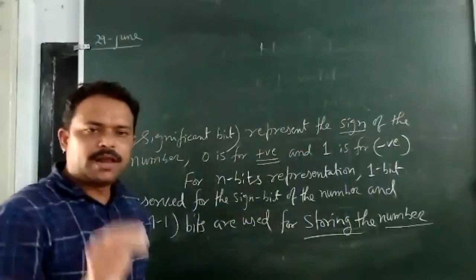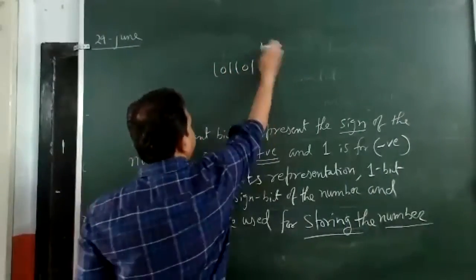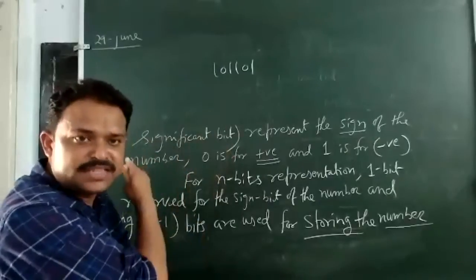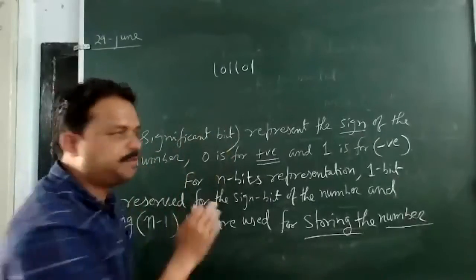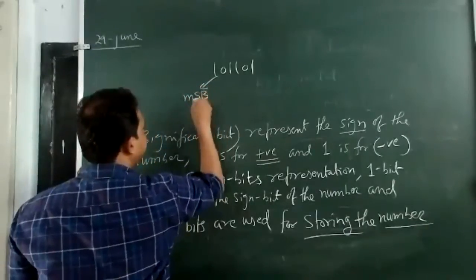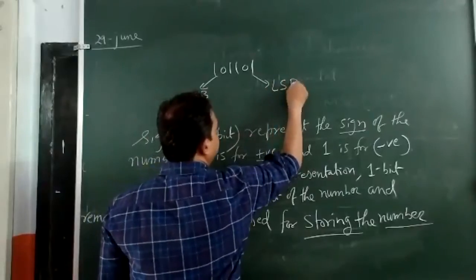If you are writing any binary number, 101101, the leftmost bit is known as MSB. And this is known as LSB.